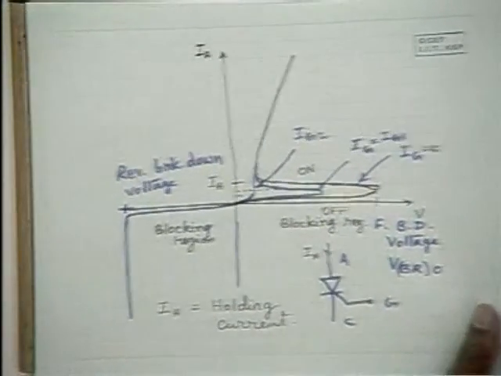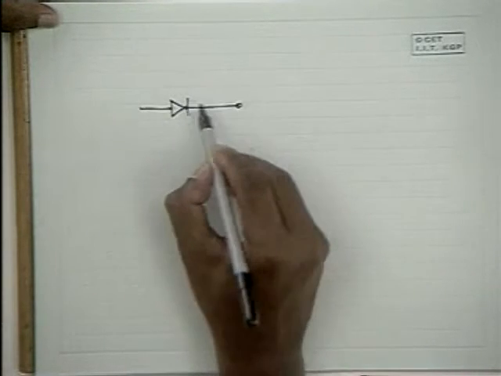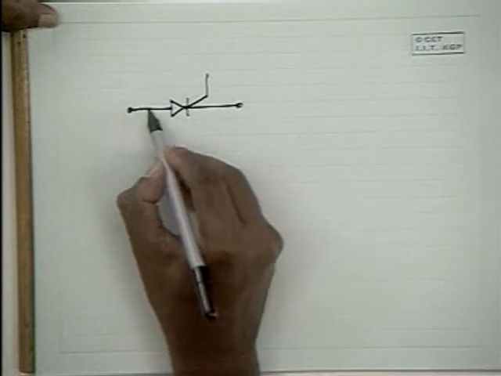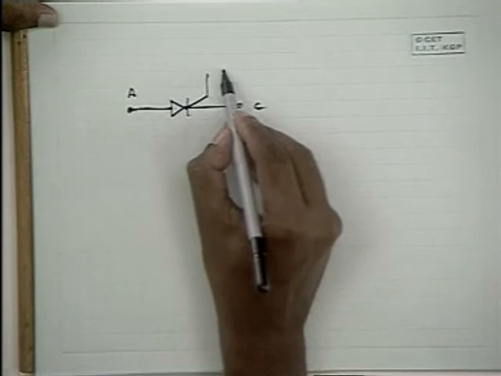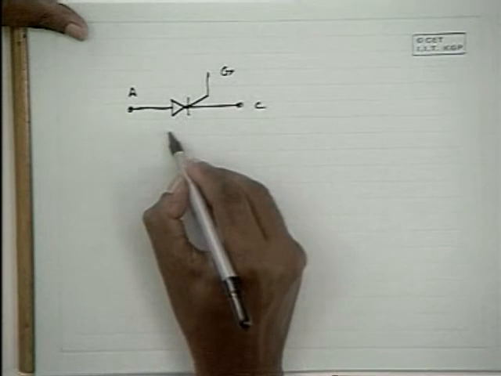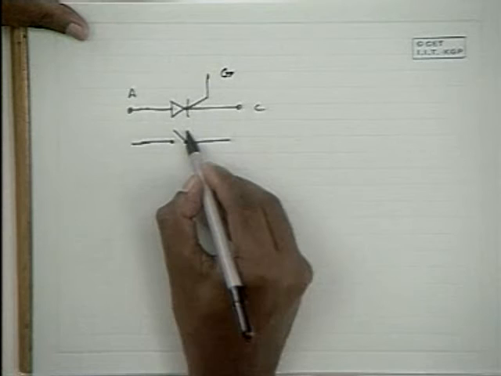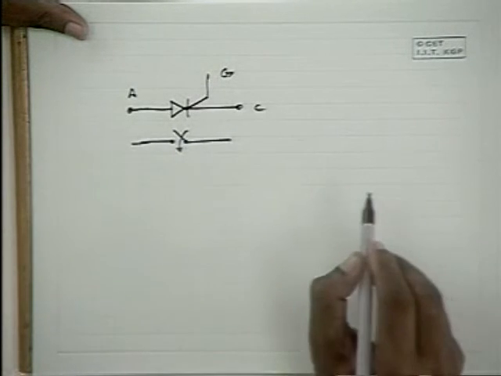Now, what about the switching times? When the device is switched on, for the regenerative action to take place and the switch to get closed, what is the amount of time that is taken?